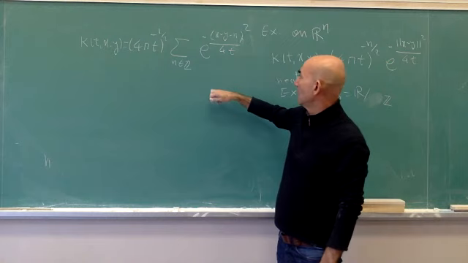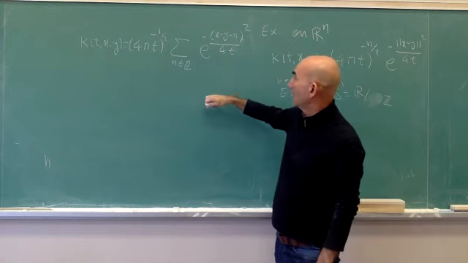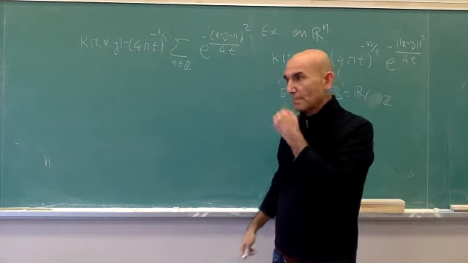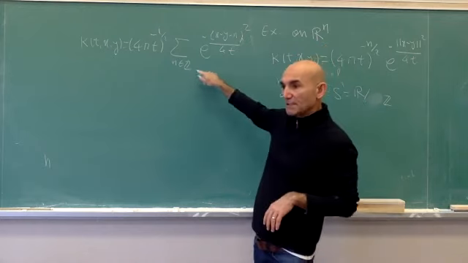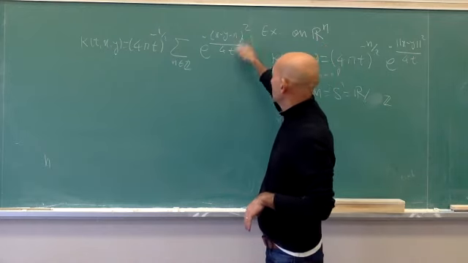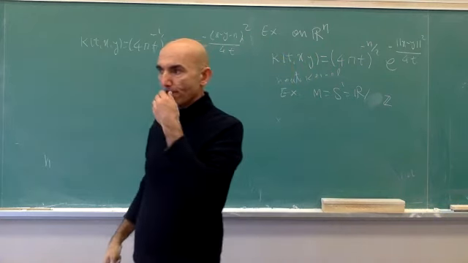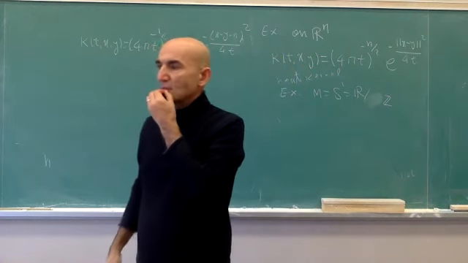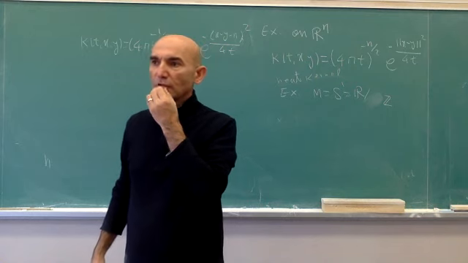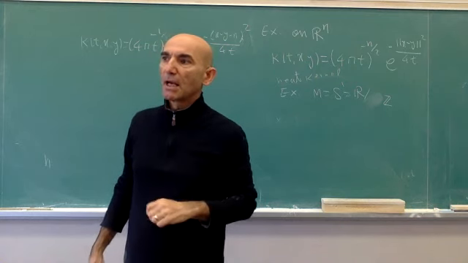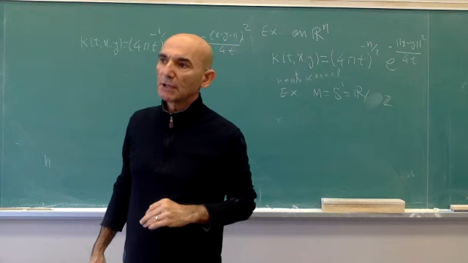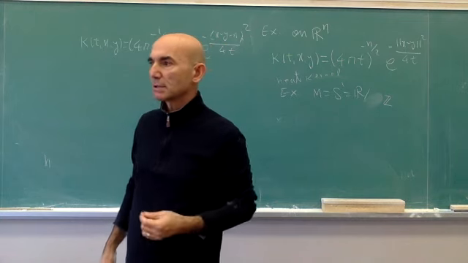That's it. So you see, it's an infinite sum. Next week we shall look at the heat trace, and we shall look at the expansion of the heat trace. Question?